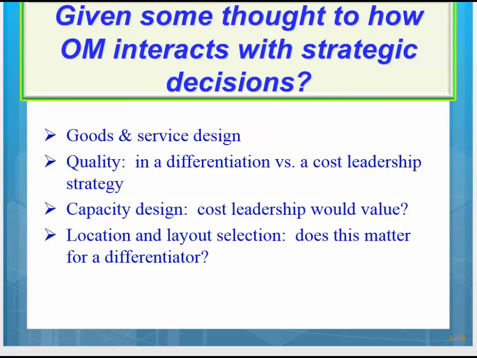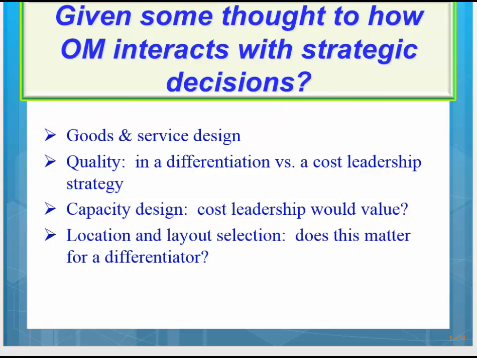We don't want to design sloppy goods if we're going to compete as a differentiator. If we're going to charge a lot for our product, we need to make sure it fits the qualities. We have to decide on our quality, right? Are we going to compete as a differentiator, or are we going to go with the cost leadership strategy? You can't really do both, because if you're a cost leader and you spend too much time on quality, well then you're not going to be able to continue to compete as a cost leader.